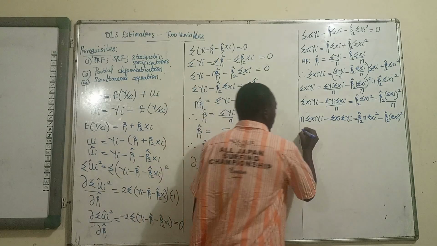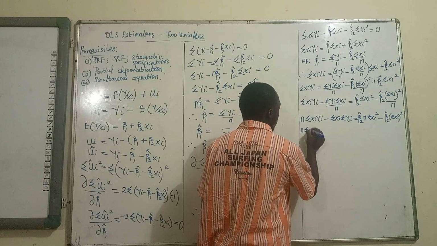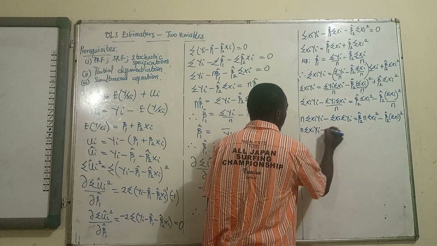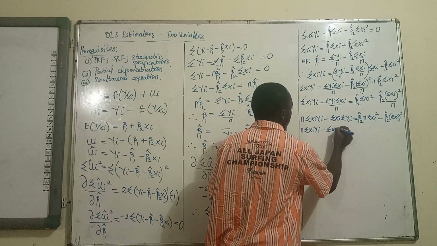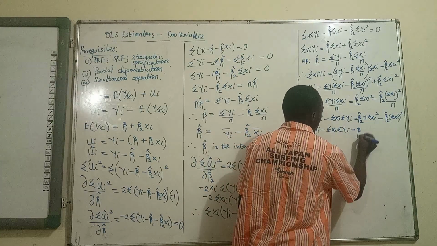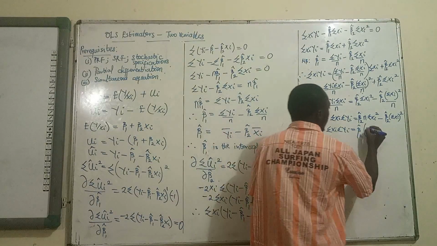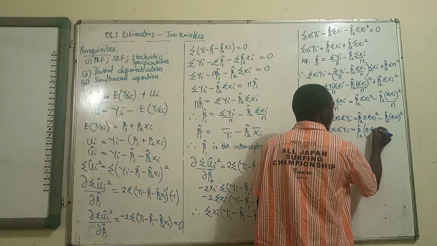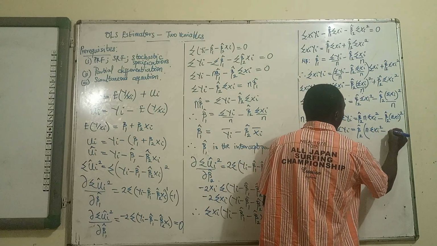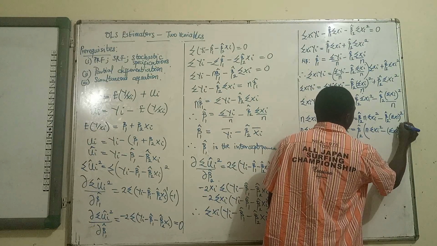So I can factorize what I have on the right hand side, and I have on the left n summation xi yi minus summation xi summation yi. When I factorize, I bring beta 2 cap as the common factor to both, and I have n summation xi squared minus summation xi all squared.